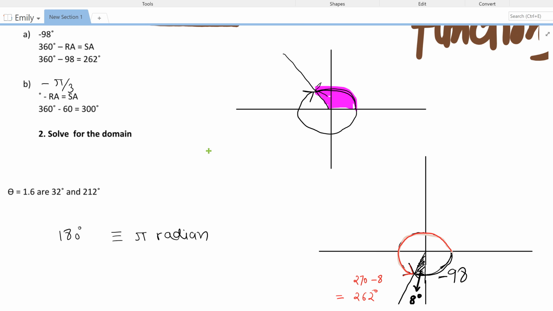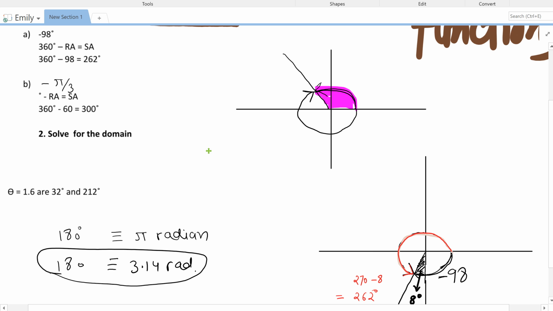In the same manner, for measuring these angles, you can use the radian format or the degrees. And we know pi means 3.14 radians, right? That's the equivalence. So you can remember it that way. Approximately 3.14 radians are the same as 180 degrees.